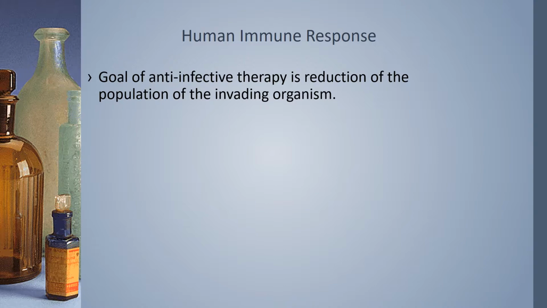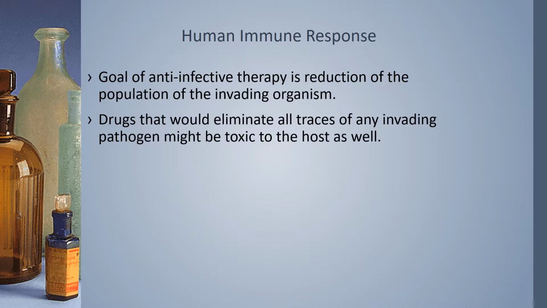In other cases, it's going to just prevent its reproduction. We have drugs that will eliminate all traces of that invading pathogen. The problem with those types of medications is that they could be toxic as well, causing toxic problems, for example, to the ears and the kidneys, are a couple of examples.